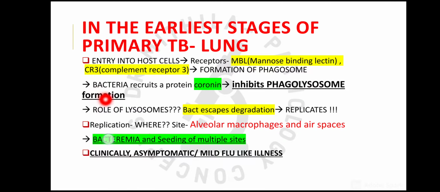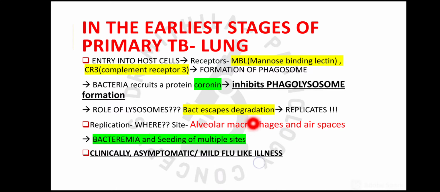Now the bacteria in the phagosome recruit a protein known as coronin, and it inhibits the phagolysosome formation. We know that lysosomes contain hydrolytic enzymes, so when a phagolysosome is formed, there is killing of the bacteria within it. But here in TB infection, the phagolysosome is not formed, and the bacteria escape the degradation.